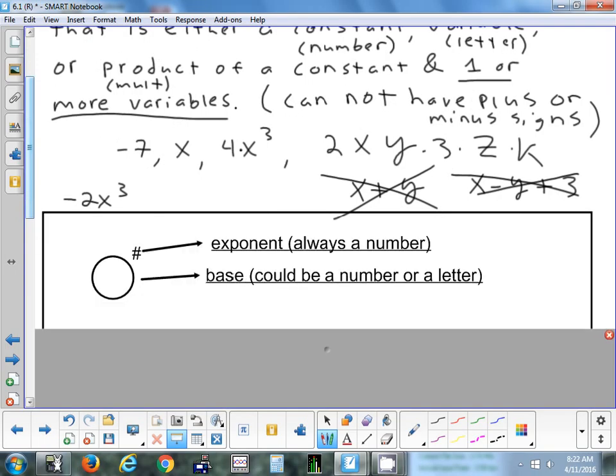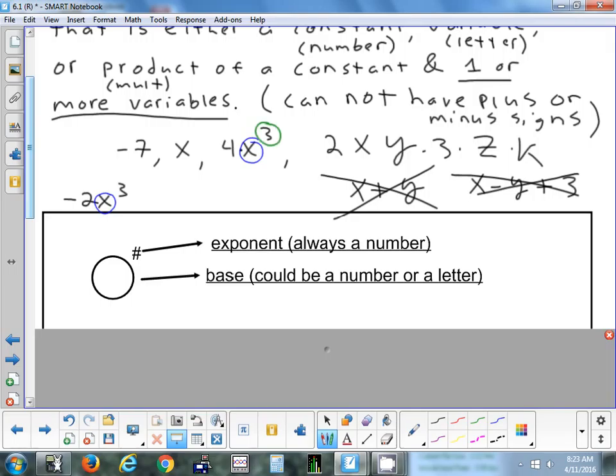All right, so we're going to look at the names of the parts when you set up what's called a monomial with an exponent. Okay, the base is the number that's always down low. So in my examples, x is a base, x again is a base. The exponent is always the number that we put higher.